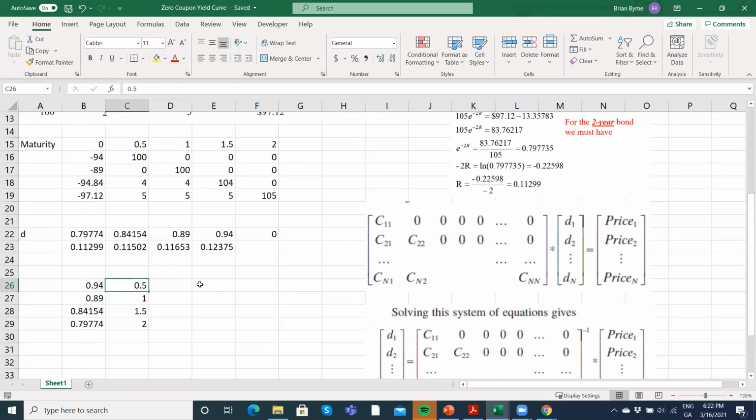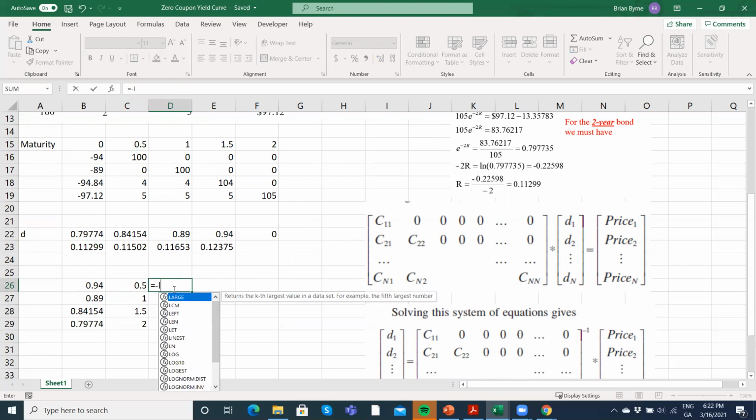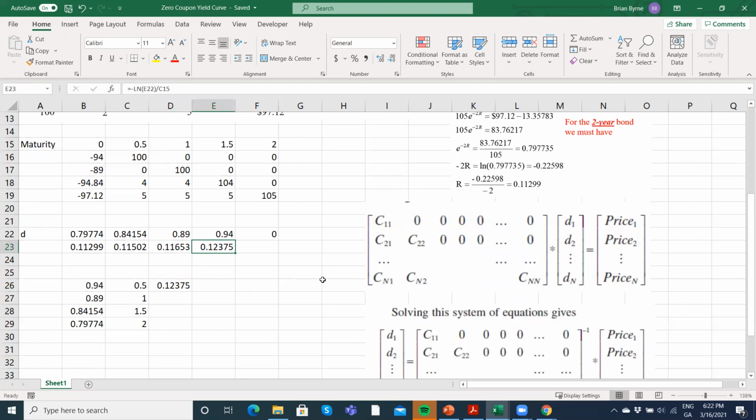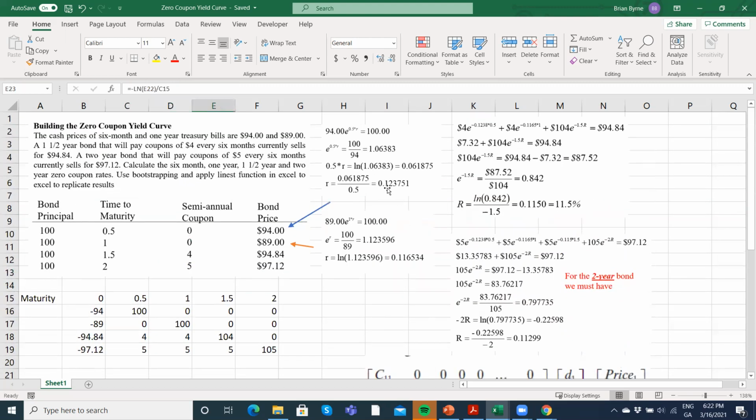Okay, and then it becomes a little bit more straightforward. To pull out the zero coupon rate, it's ln, open bracket, the 0.94, close bracket, divided by 0.5. And notice the result I get here is consistent with what I have here, and it's also the same as here.